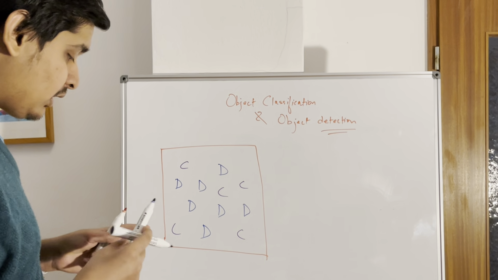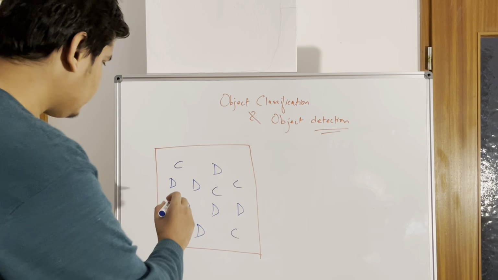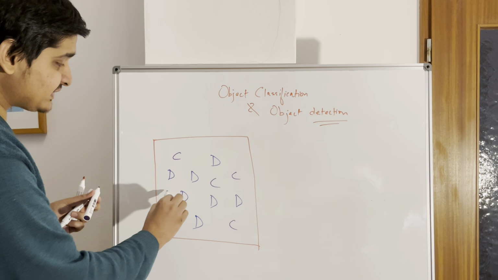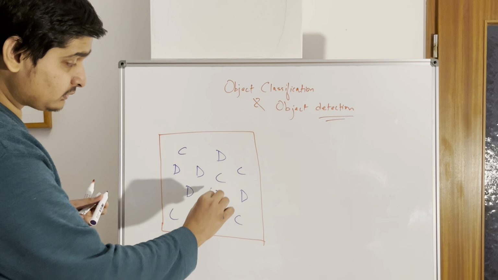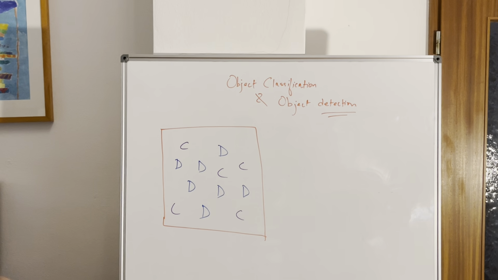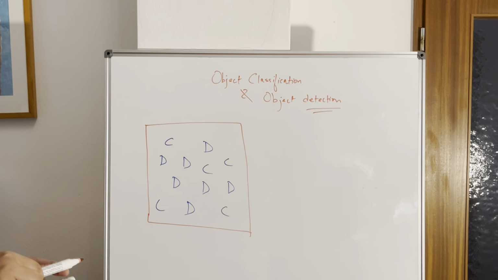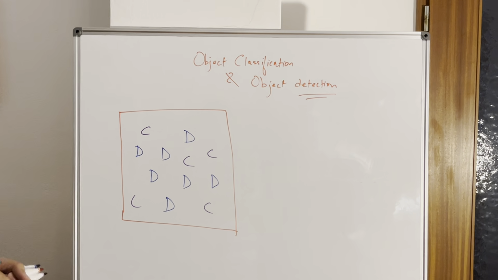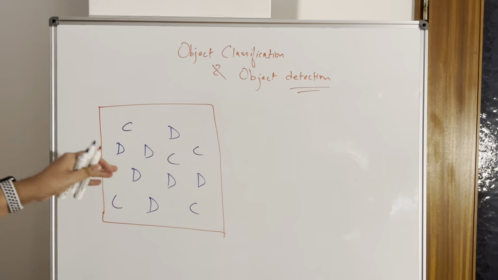Correct? So ideally what we want to do is have boxes around all of these dogs, right? But say our model tells us that it was able to identify 7 dogs.